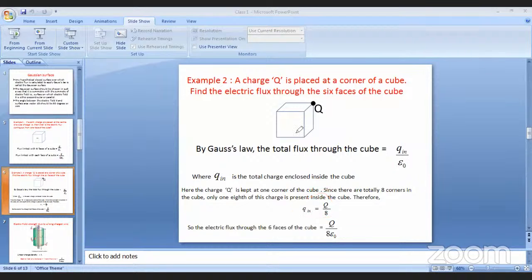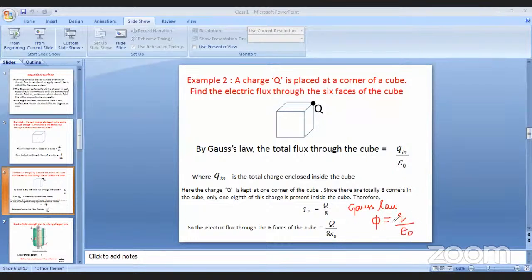Now what is the total electric flux through the 6 faces of the cube? It is Q by 8 epsilon 0. Why is it Q by 8? According to Gauss law, the total flux is given by phi equal to Q by epsilon 0.